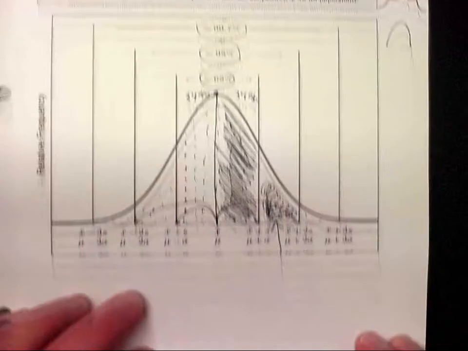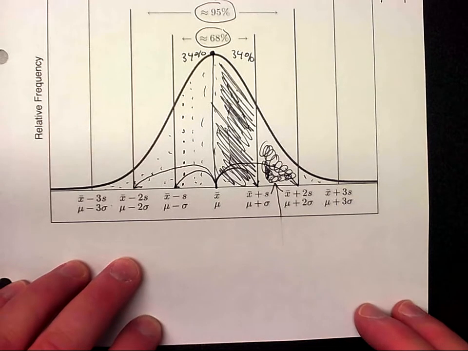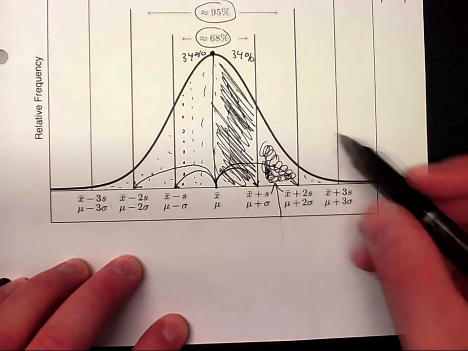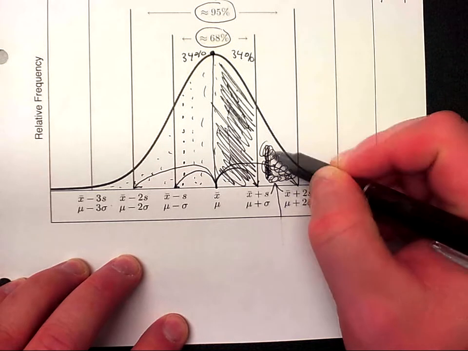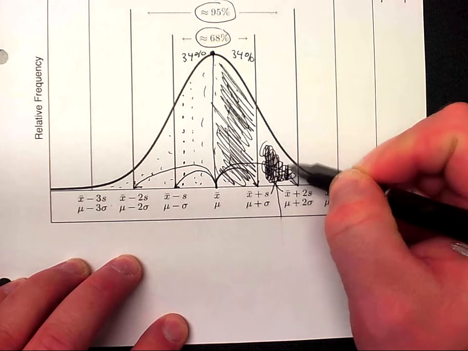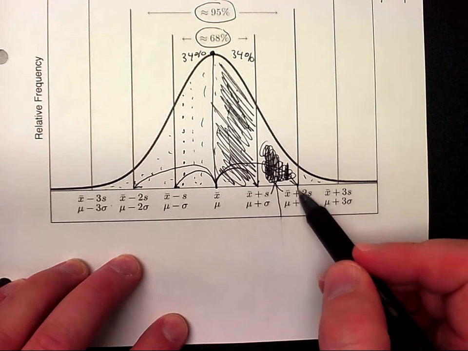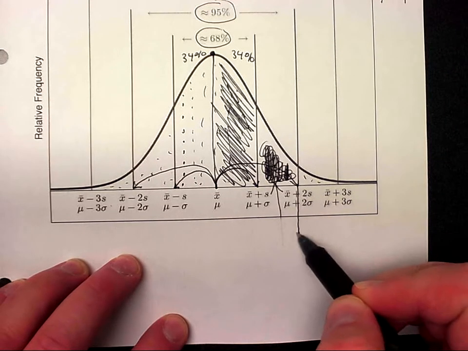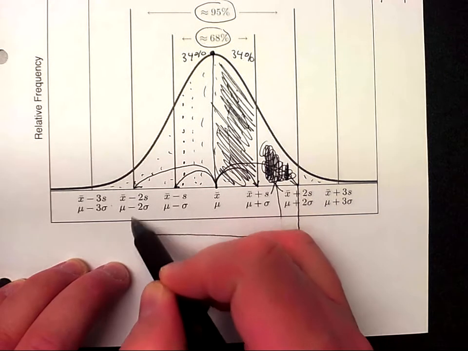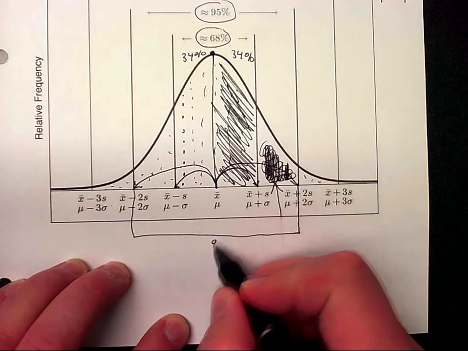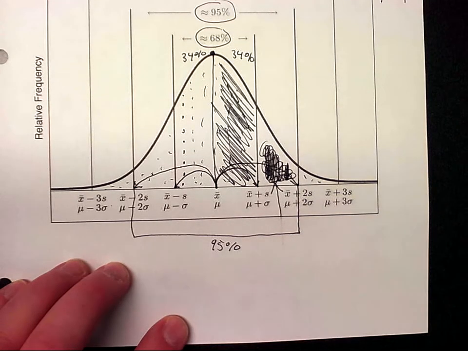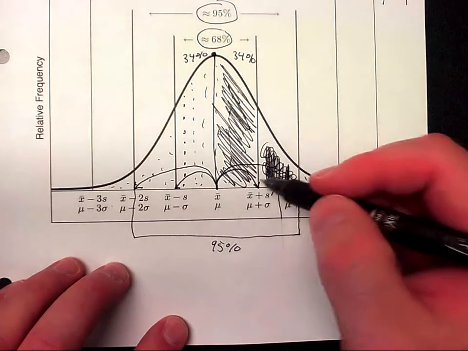13.5. So let's see how you got 13.5. 13.5 is correct. So what we're saying here is this. We're trying to figure out just this one sliver right here. Well, what we know is that from this spot right here to this spot all the way over here, we have 95% of the data. Right, so everybody good with that?